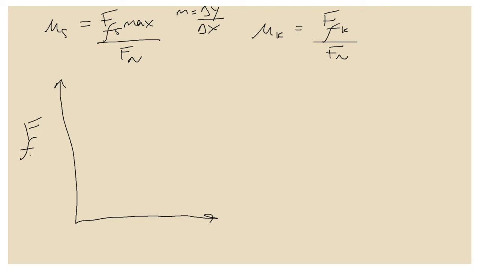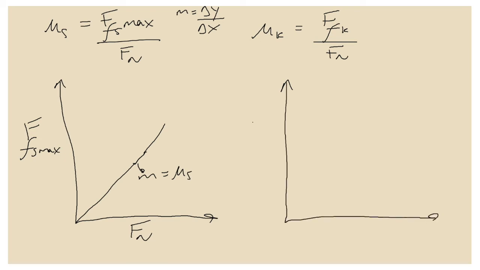So if we plot the static friction force maximum on the y-axis and the normal force on the x-axis, then the slope will be equal to the coefficient of static friction. And likewise, if we plot the kinetic force of friction on the y-axis and the normal force on the x-axis, the slope of that graph will be equal to the kinetic coefficient of friction.